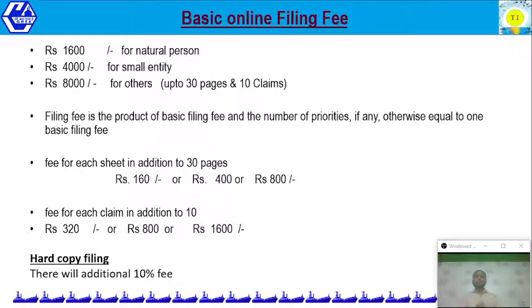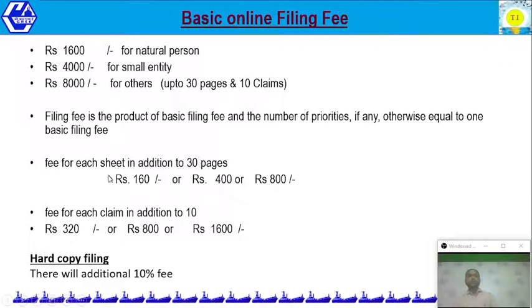Basic online filing fee. If you are filing your patent online, then you have to pay 1600 rupees per filing for a natural person, 4000 rupees per filing for a small entity, 8000 per filing for others. This is applicable only for 30 pages and 10 claims.